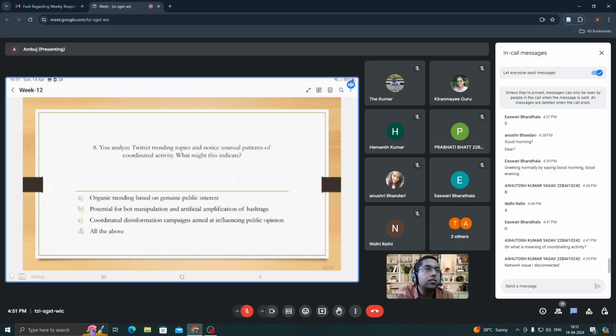Hemant has also not answered. Prabhati Bhatt has also not answered. Only three people have answered, and they have answered in a variety of options. If anybody gives option C, then all of the options would be covered. Anushri has also not answered. Iswari has answered. Nidhi has also answered.